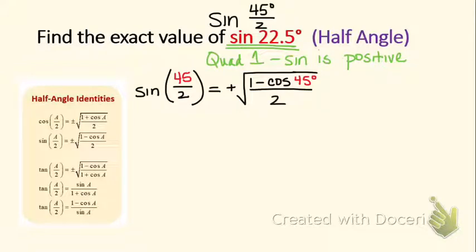So now go to your unit circle. You probably know this by heart at this point though, but what is the cosine of 45 degrees? So we have the cosine of 45 degrees is root 2 over 2.